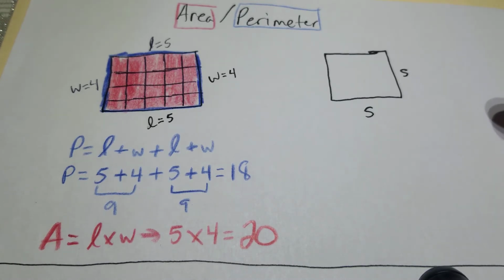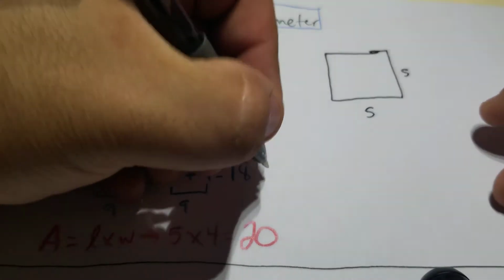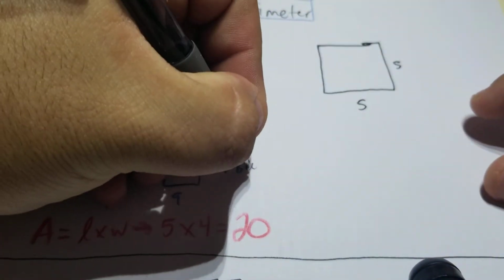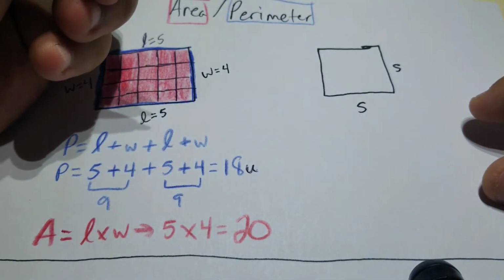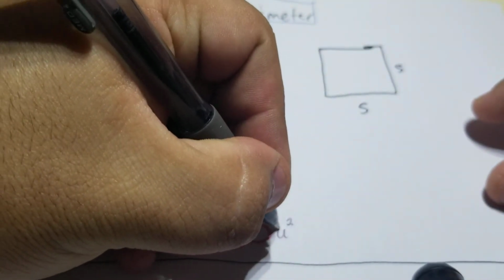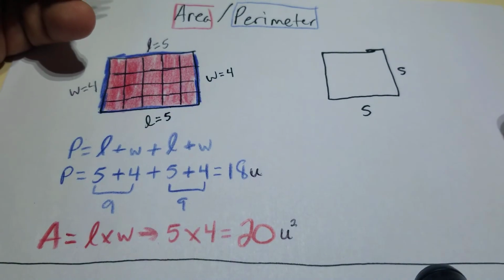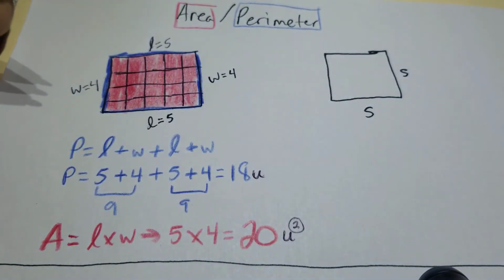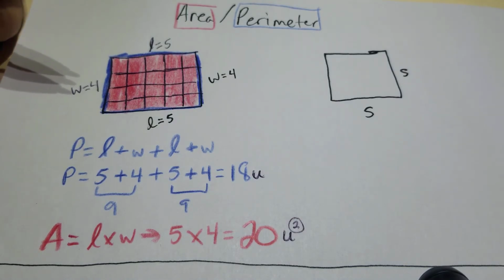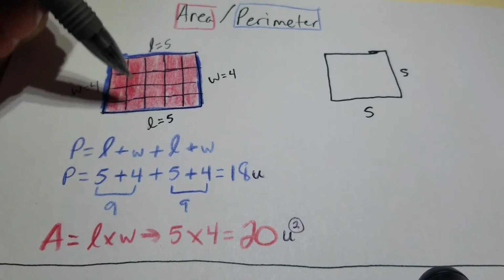And when we're talking about these, I'm going to use the letter U for units. And I'm going to use a 2 at the top for square units. And you're probably wondering what this part means. That means squared. It's a little exponent you're going to start seeing later on in school, in 5th grade and so on, to designate square units.